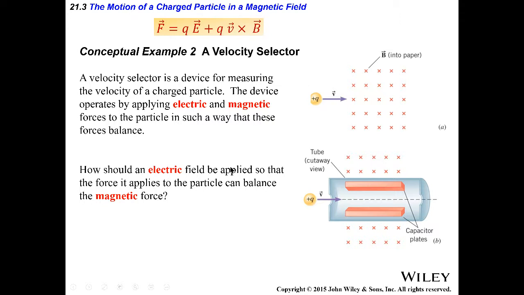Are you getting a better sense of this V cross B, the right-hand rule? It takes some getting used to, I know, but we will come to something known as Aurora, the Aurora Borealis.